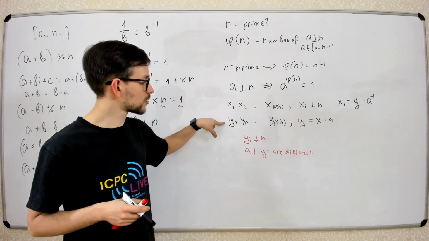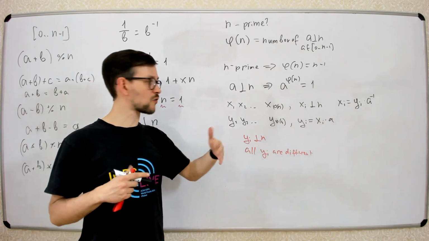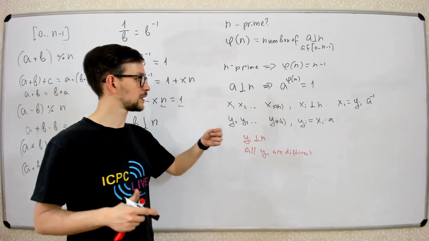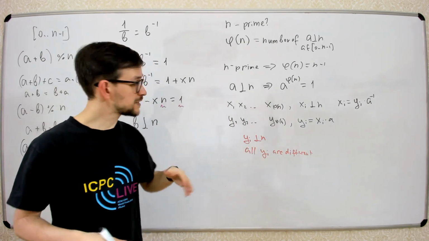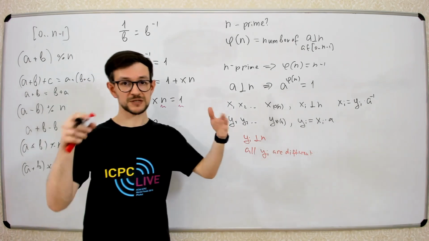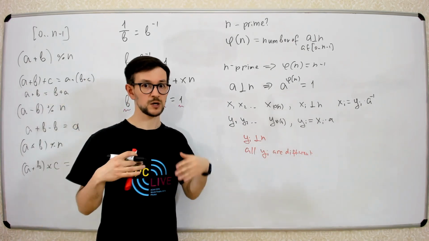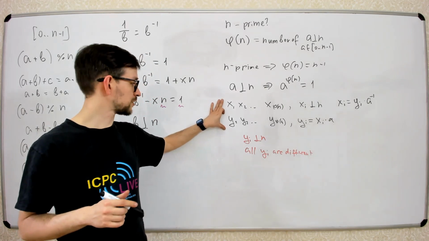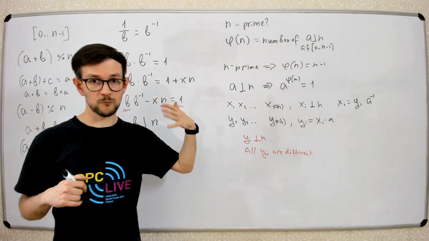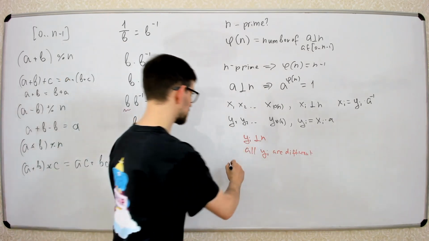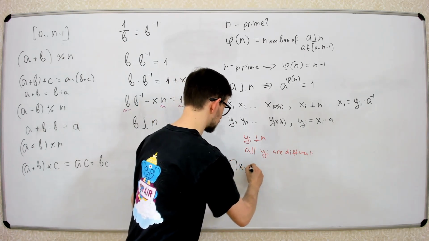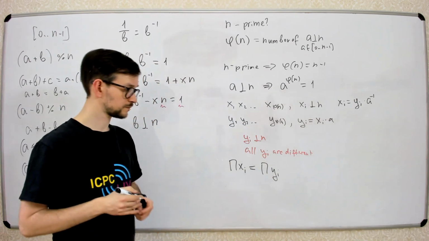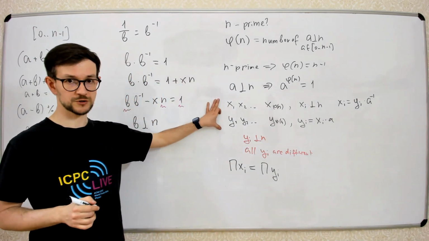So here we have a set of all possible coprime numbers with n. Again, what does it mean? It means that x and y actually contain the same set of integers. Now, since we have the same set of integers, let's calculate the product of these integers. The product of all integers in set x will be equal to the product of all integers in set y, just because we have the same set of integers here.